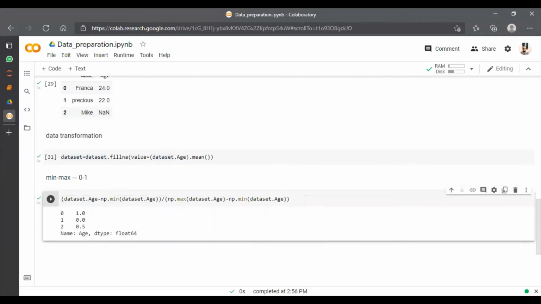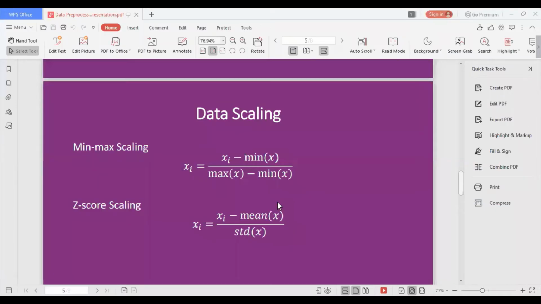So let me show you the formula again. So you can see the formula now. Can you see the formula? The formula for min-max.